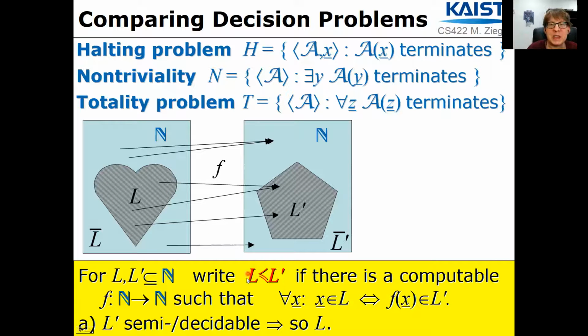But the benefit is that this definition also applies in case L is not decidable or semi-decidable, and thus allows us to compare different decision problems regardless of whether they are decidable or not, and in particular to compare undecidable decision problems, which will give rise to this hierarchy.